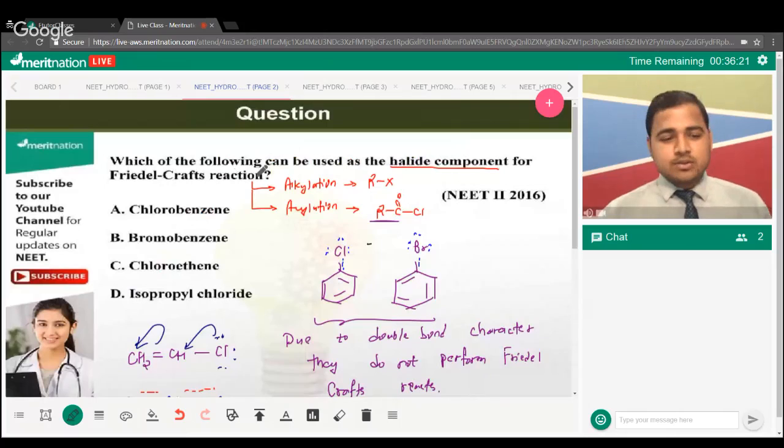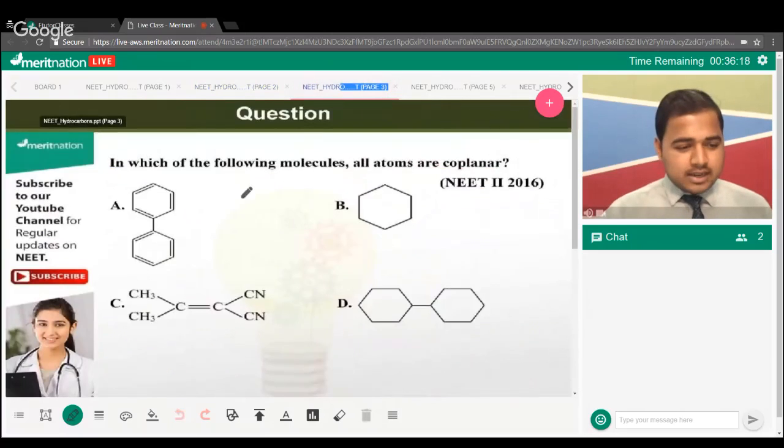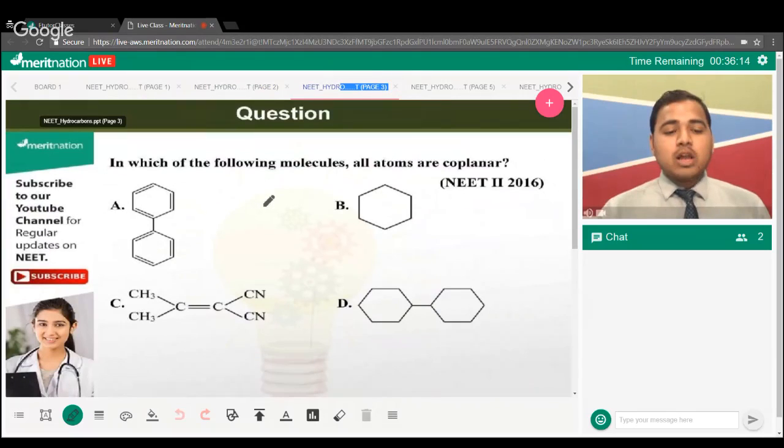Let's go to the next question, and this is the next question. In which of the following molecules are all atoms coplanar? So what exactly is the meaning of coplanar? Coplanar means all the atoms are sharing one single plane.